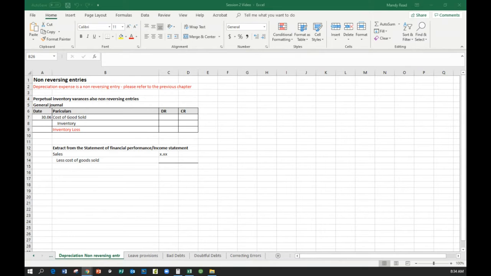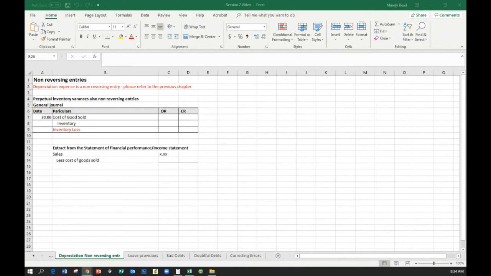I'm looking at the example on page 85, and it's the example with Nuts and Bolts. Nuts and Bolts uses a perpetual inventory system. The business provides the following information relating to inventory. The physical count on the 30th of June 2019 reveals an inventory value of $89,000.